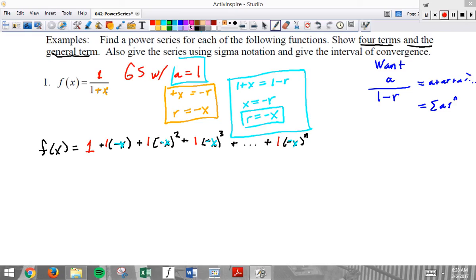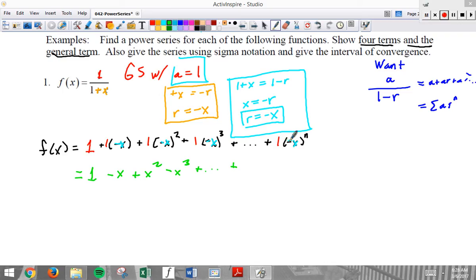If I take off the powers, what I have here is this nice series: 1 minus x plus x squared, minus x cubed. 4 terms, and dot, dot, dot, the general term.